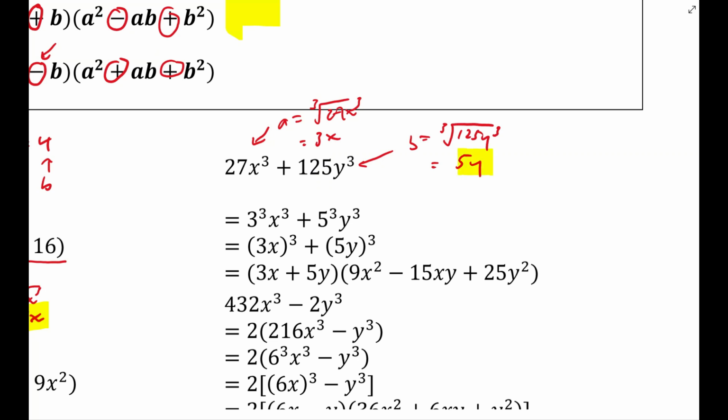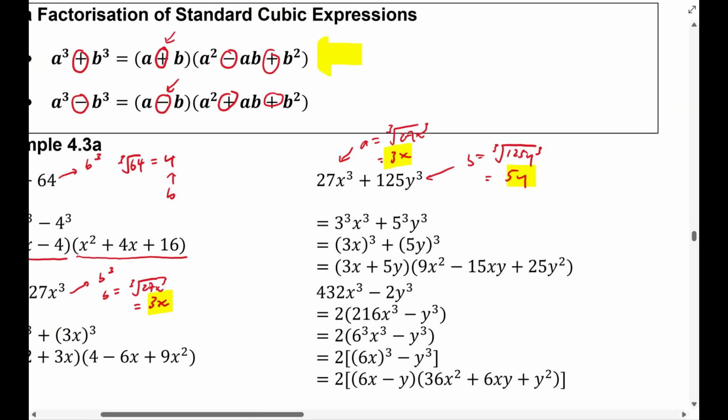So this is your b, this is your a. And then plug it into the formula, you'll get 3x plus 5y, then a square, so 3x whole thing square, you get 9x square, minus ab, so 3x times 5y, 15xy, plus b square, which is your 5y whole thing square, so 25y square.